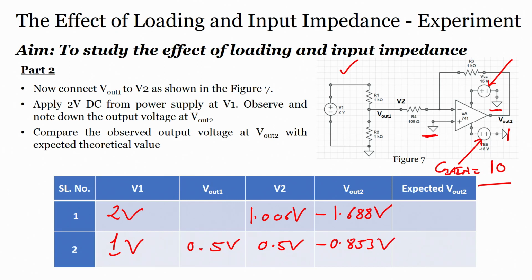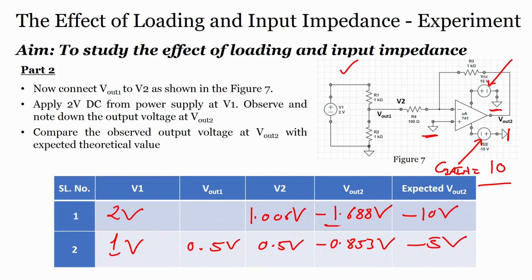So, if you see, what is the gain? Gain is 10. That means, if I have V2 of 1 volt, my expected output should be minus 10 volts, right. If I have a V2 which is 0.5 volts, my expected output should be minus 5 volts, right. But what is my output?